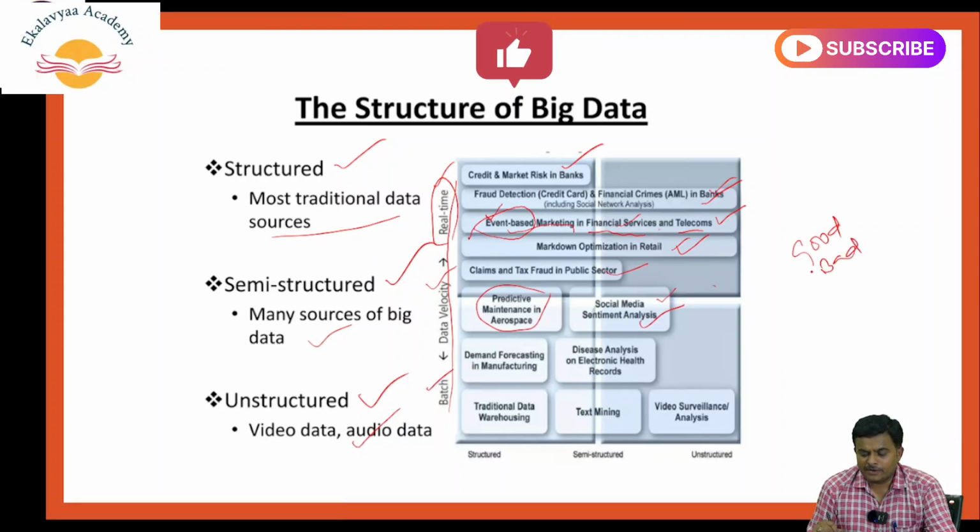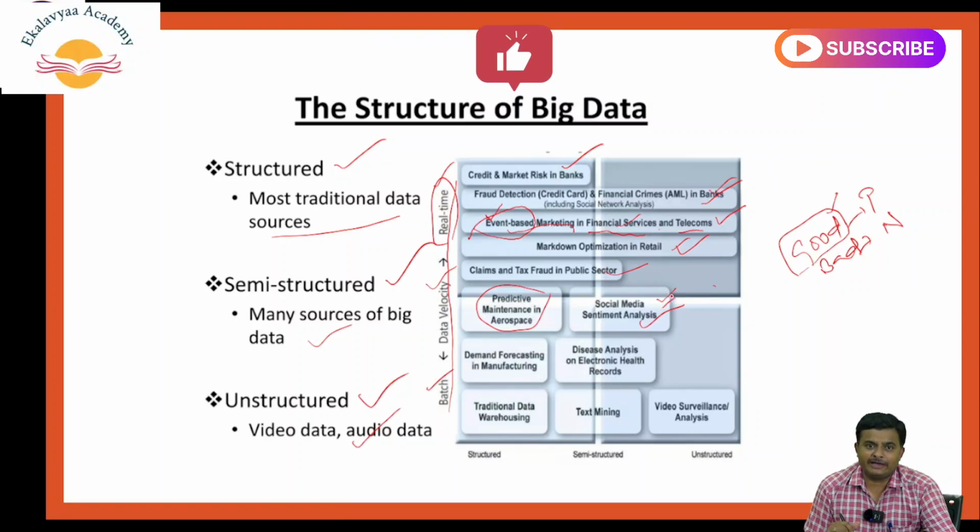Like that, whenever it looks for a keyword, it will identify whether the sentiment is good or bad. If it identifies good, it is a positive comment. If it identifies bad, it is a negative comment. So like that, social media keyword-based sentiment analysis will be done.